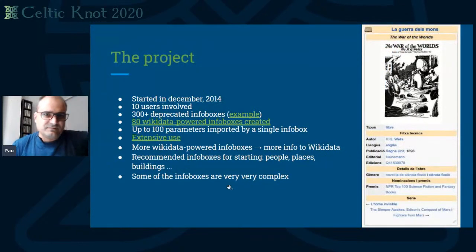The project started in December 2014. We saw that there were too many infoboxes, and we wanted to use Wikidata to get information and to fill the infoboxes. We have about 10 users involved, and we have deprecated more than 300 infoboxes.